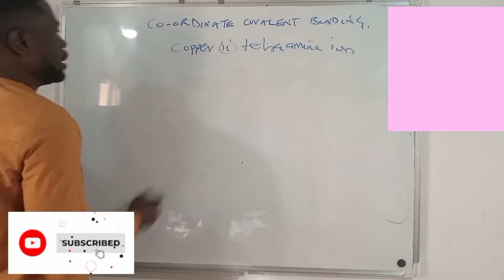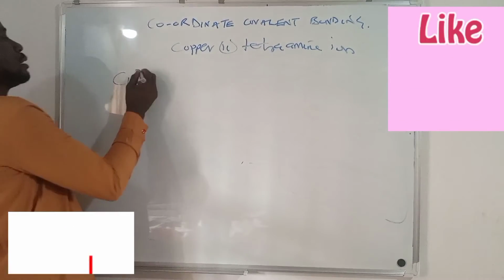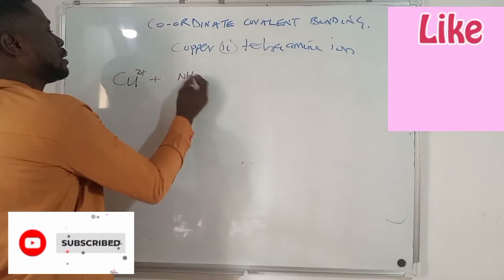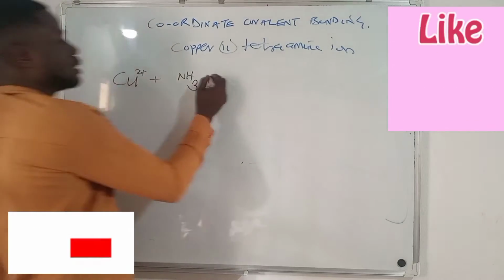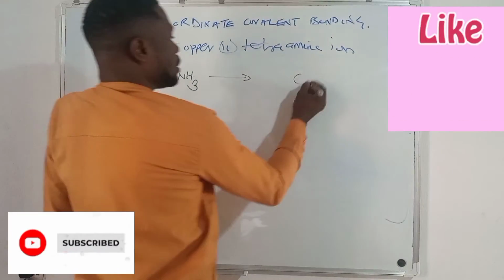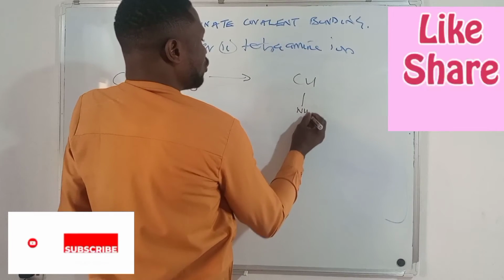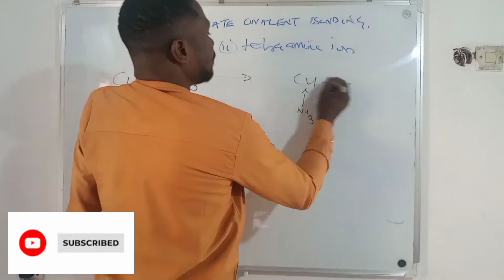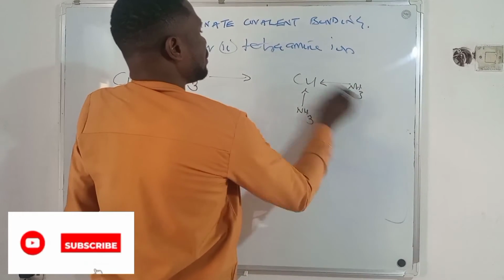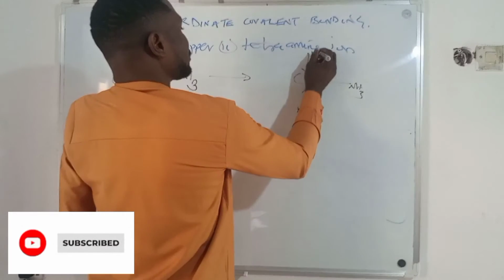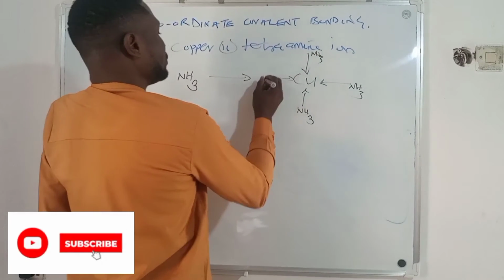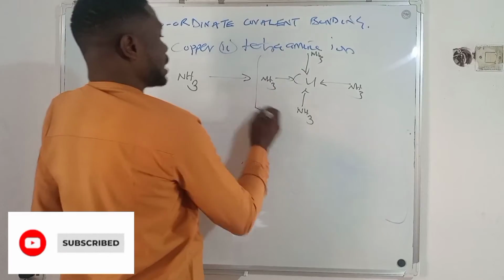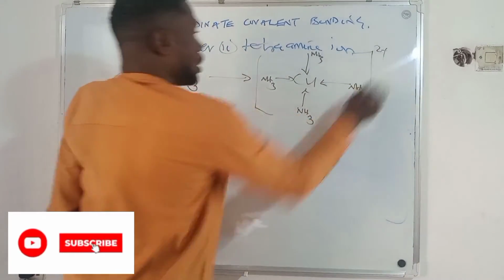Now again, in this case we have copper plus ammonia. Ammonia will give you copper, and then you have ammonia here. You have ammonia here. Like I said, the charge here must be 2 plus.